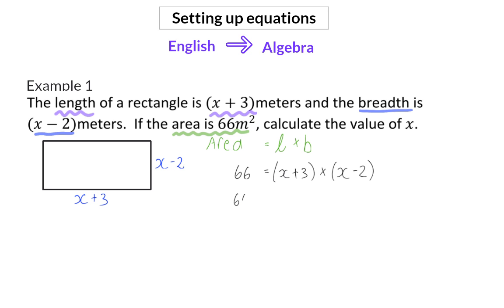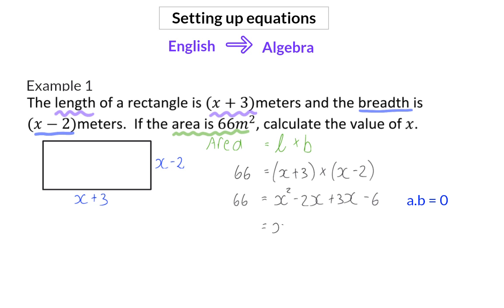On the right-hand side, we have two brackets that need to be multiplied out. That will give me x squared minus 2x plus 3x minus 6. Next, you need to realize that you can solve this equation by rewriting it in the form a times b equals 0.